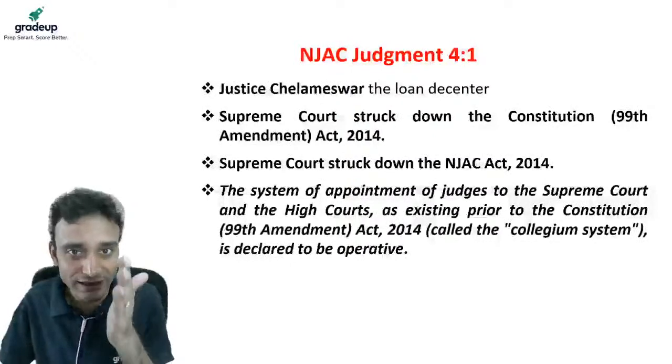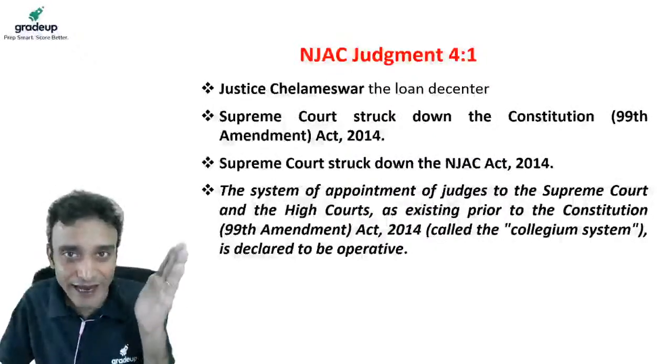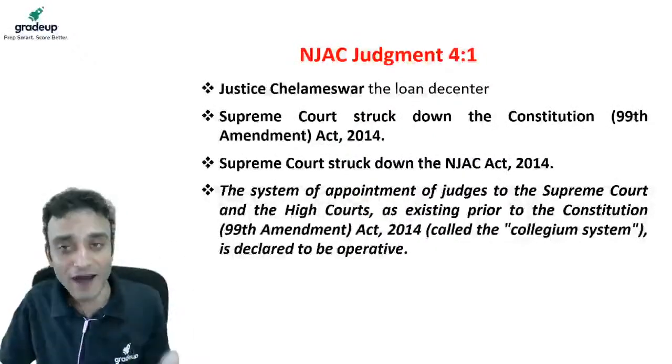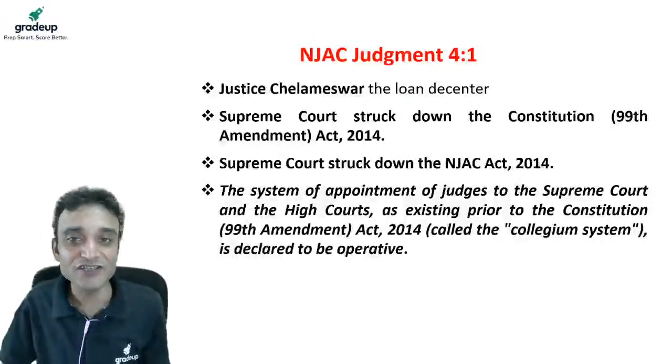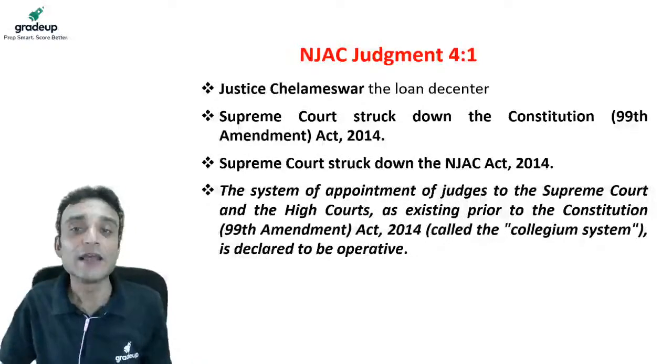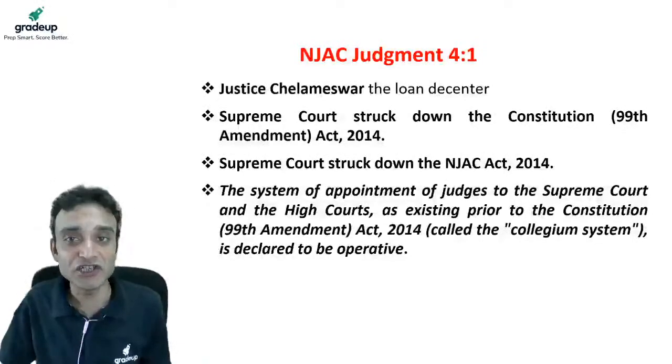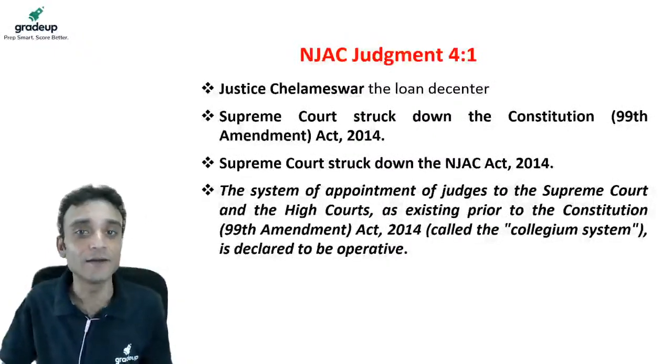The Supreme Court held that this NJAC is violative of the basic structure doctrine since it takes away the primacy of the judiciary insofar as appointments to the higher judiciary is concerned.